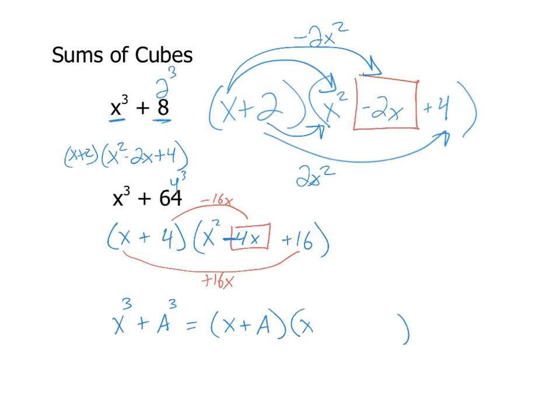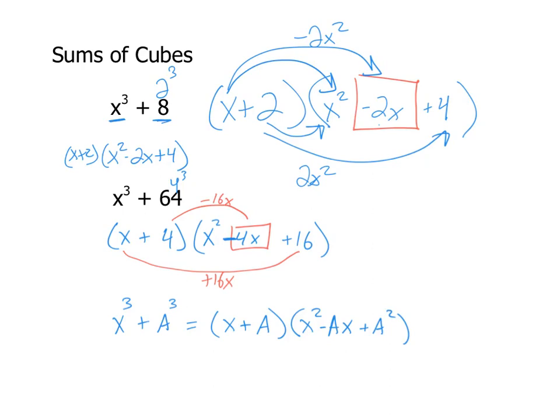I have an x squared. Now, looking inside, I have a negative 2x, a negative 4x, so it's going to be a negative a times x. And then I'm going to always end up with a squared. So this is my factoring of my sum of cubes.